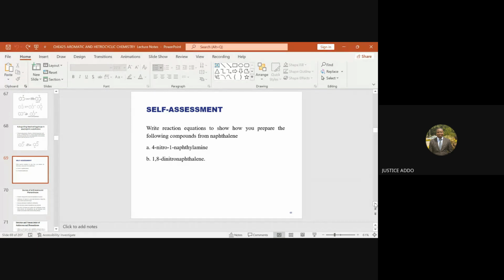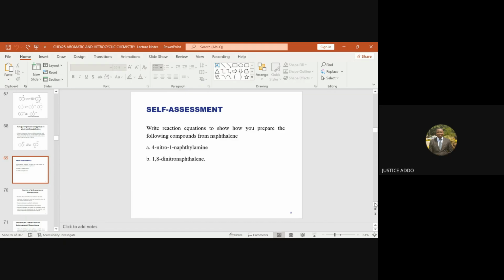Now, 1-naphthylamine means when you have naphthalene, there's an amino group on position 1, and then there's a nitro group on position 4. So if I start with naphthalene, how do I introduce NH2, an amino group?